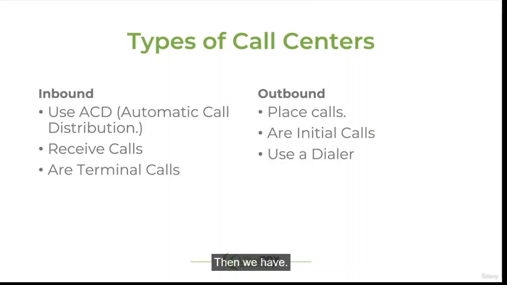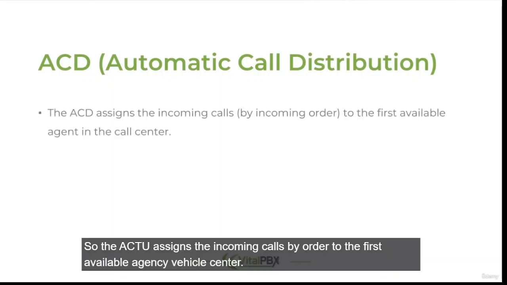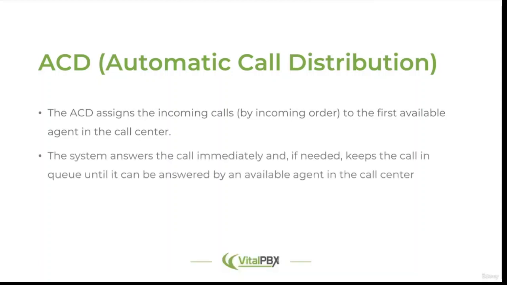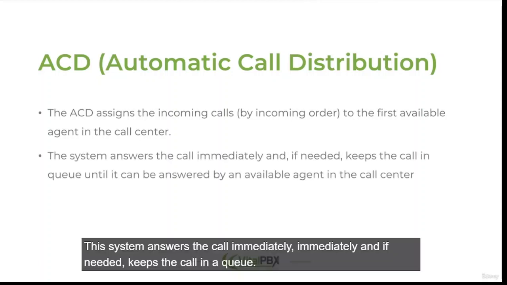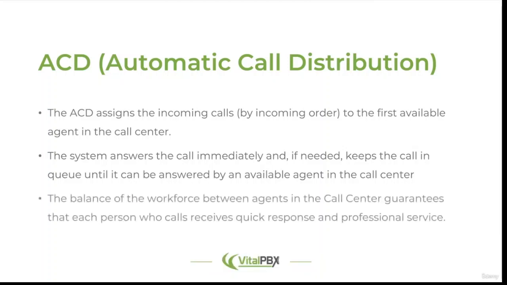Then let's talk about ACD, automatic call distribution, as I mentioned. The ACD assigns the incoming calls by order to the first available agent in a call center. This system answers the call immediately, and if needed, keeps the call in a queue. A queue, similar to a real-life queue, is a line of calls until it can be answered by an available agent in the call center.